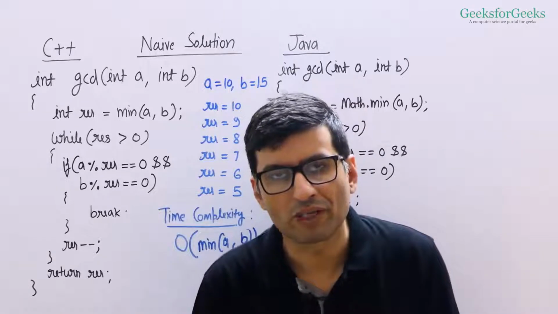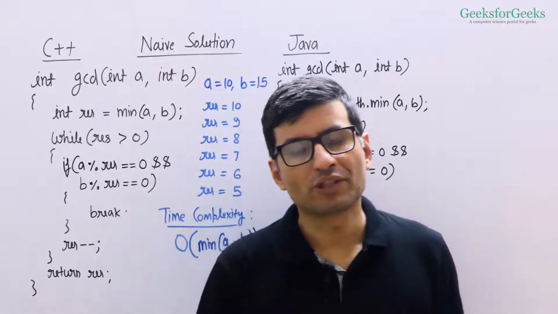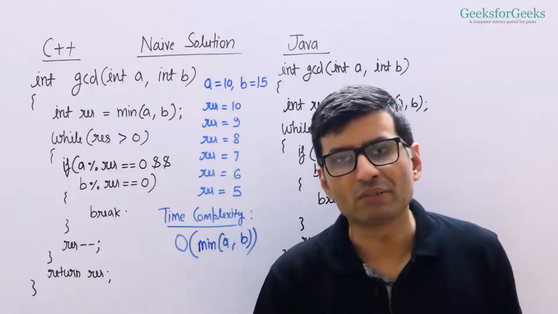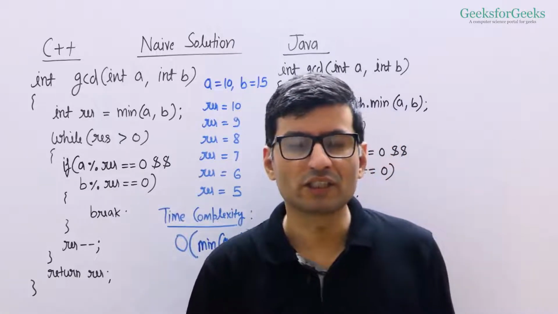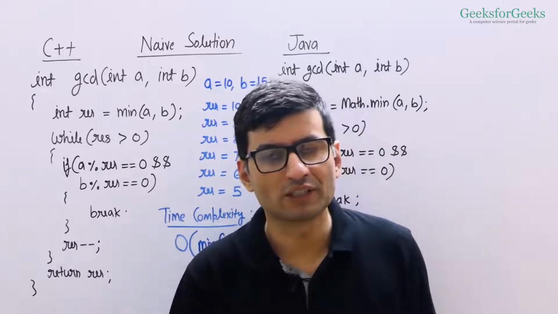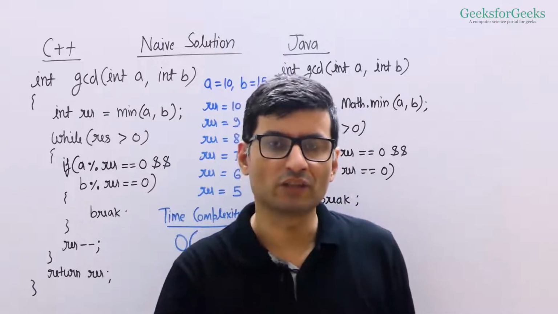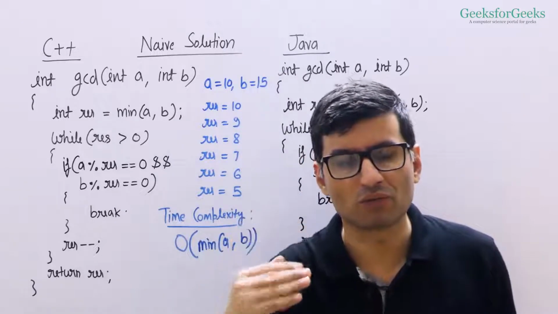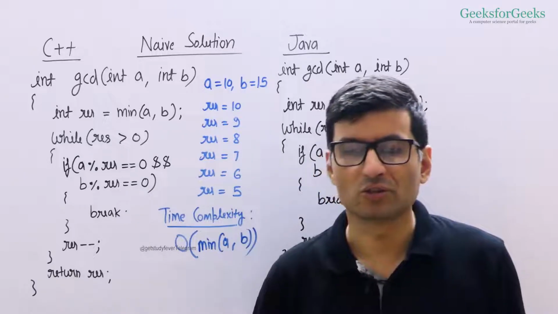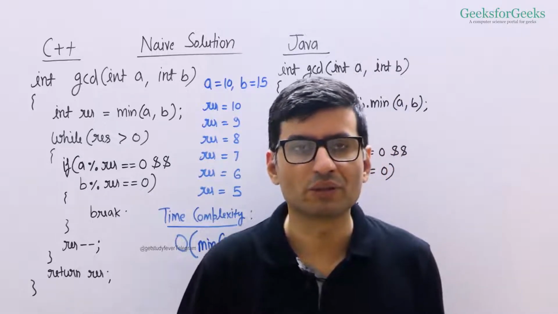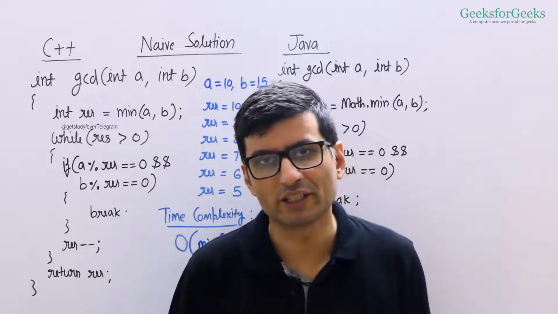Let us now talk about the time complexity of this solution. If you are given two numbers a and b, we begin with the minimum of a and b. And in the worst case, we will never find a divisor until we reach 1. So we begin with the smaller of the two numbers and then we reach 1. So our time taken in the worst case is going to be proportional to the minimum of the two numbers a and b.